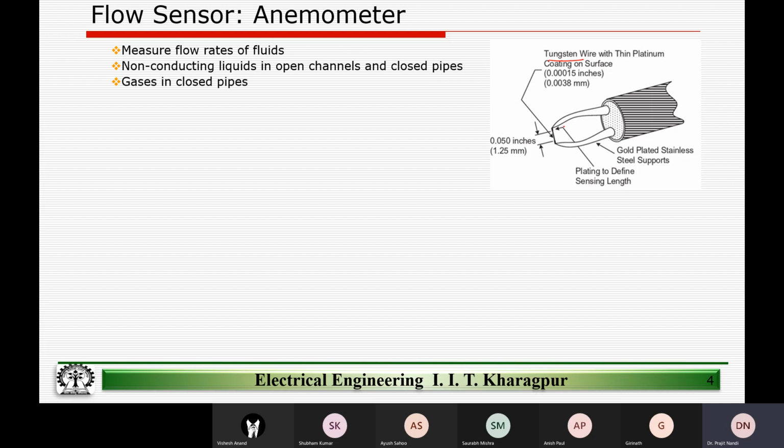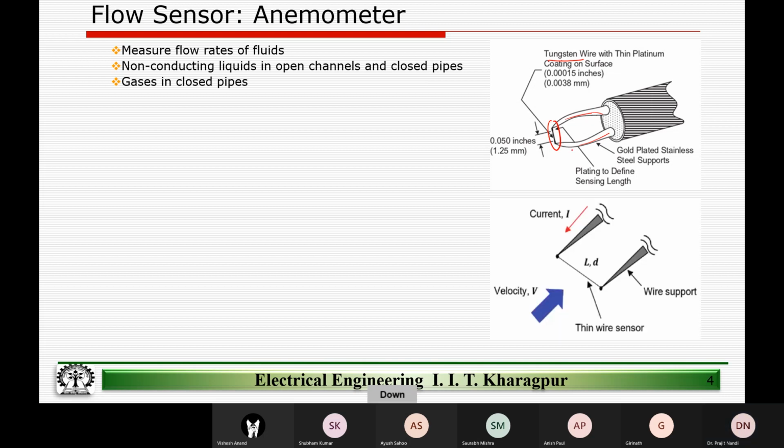If you look at the dimension of the sensor wire, it's extremely thin, and we have large gold-plated steel supports. Why are these large? We'll talk about this later. In fact, we're going to look at modern anemometer systems also. For now, this is how it looks, and this is my sensor wire.